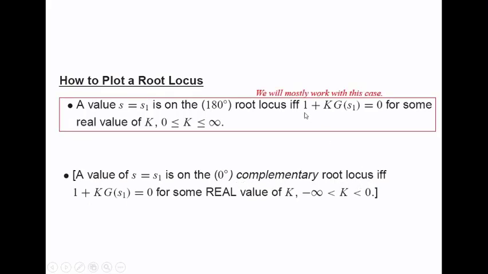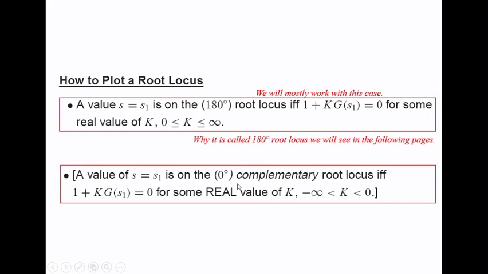Mostly we will work with this 180-degree root locus, and we can extend those principles or rules that we derive to the complementary root locus. Also, we will see why we call it 180-degree root locus, and similarly why we call it 0-degree root locus.